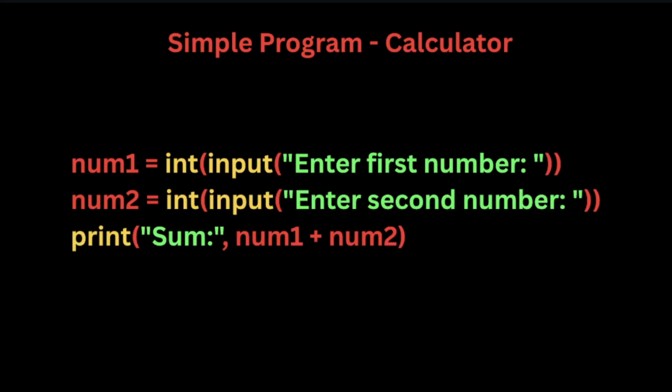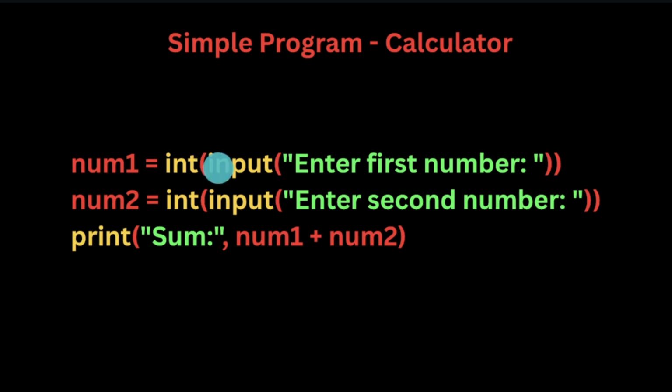Remember, our variables actually take the value of whatever is on the right-hand side of the equal sign. So the equal sign in Python just assigns data to variables. So our variable num1 is equal to an integer, but that integer comes from an input. Now, an input that you will be providing, that's what input does.